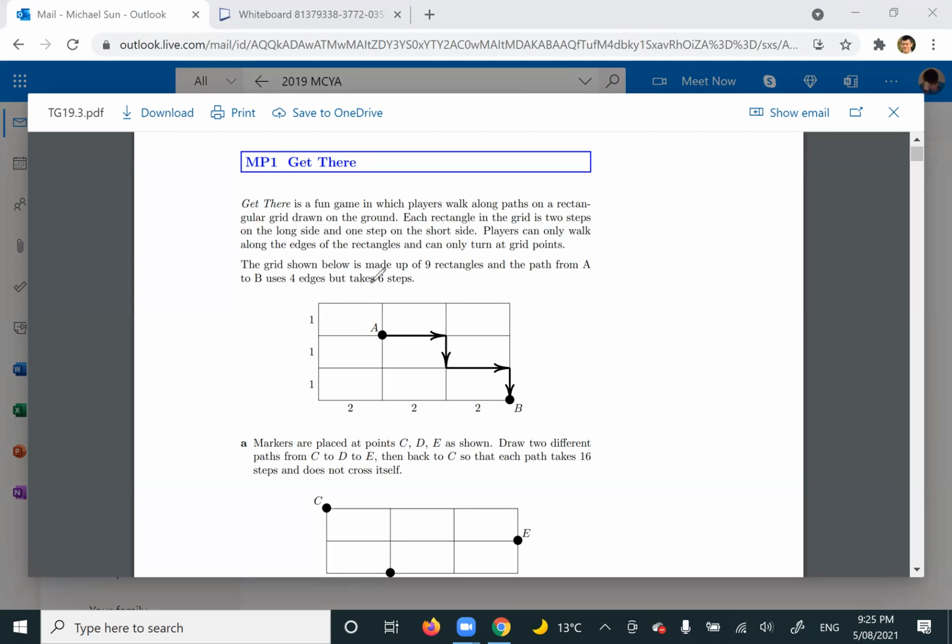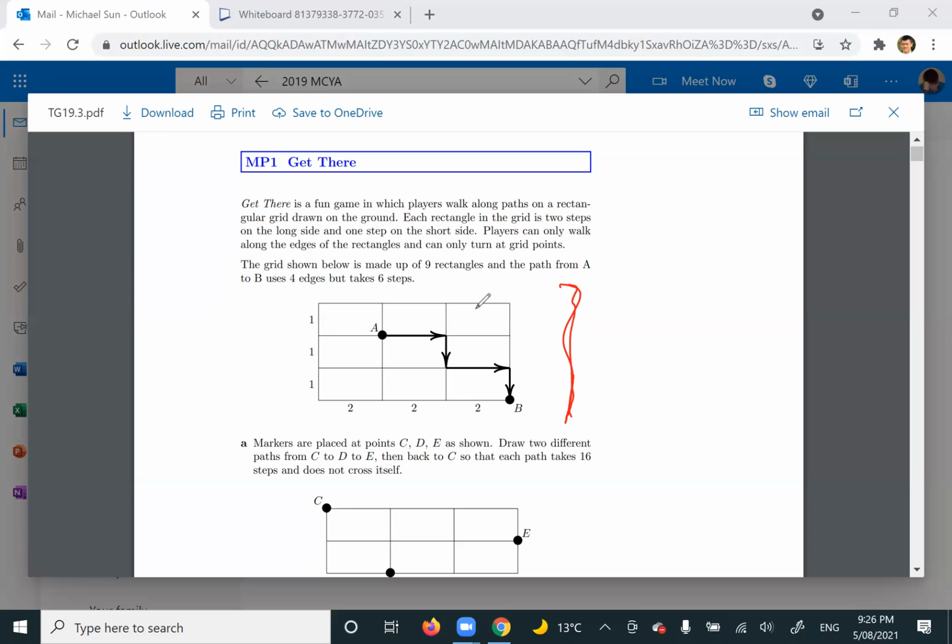So what's it talking about? It's talking about this thing, right? See the path, the grid shown below. So it's below here. Usually when people say below, it can be kind of confusing, but this is directly below here.